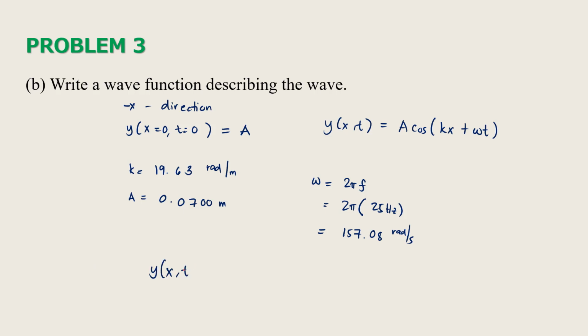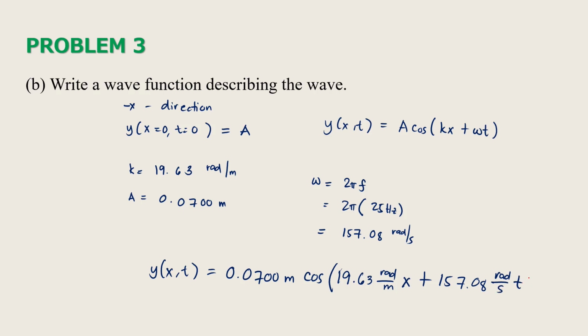Therefore, the wave function describing the wave is this one. Y of x,t is equal to 0.07 meter cosine of kx, where the value of k is 19.63 radians per meter, and then we have our x plus our omega, which is 157.08 radians per second, t.